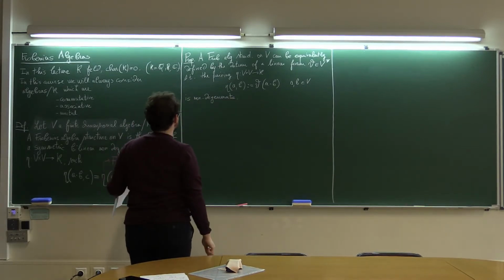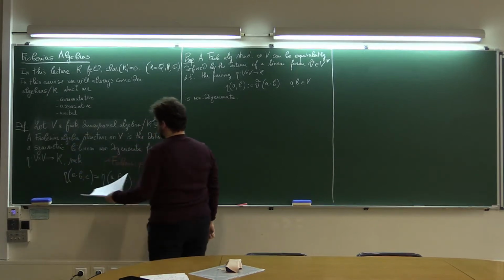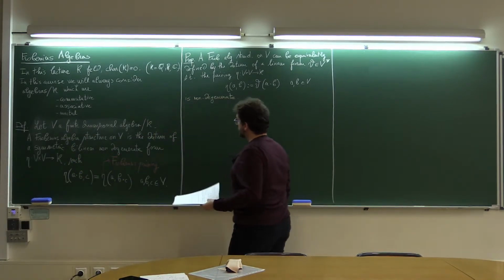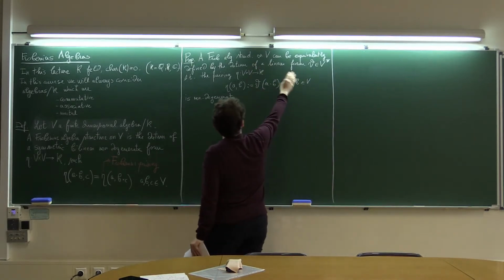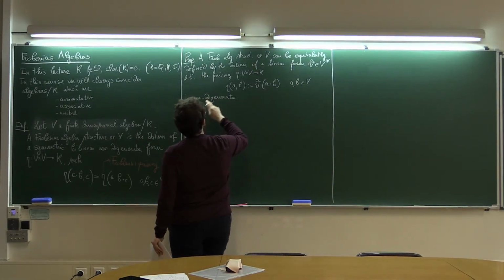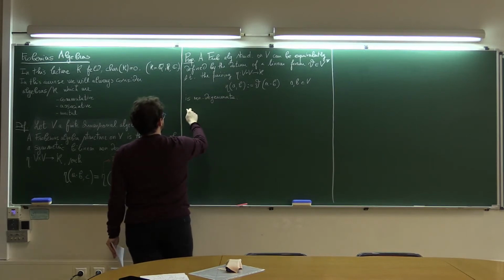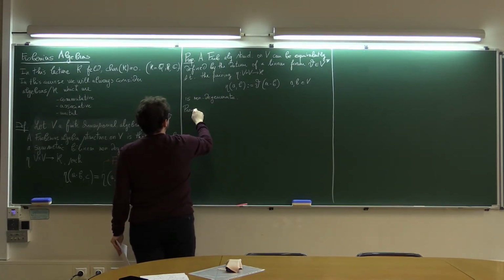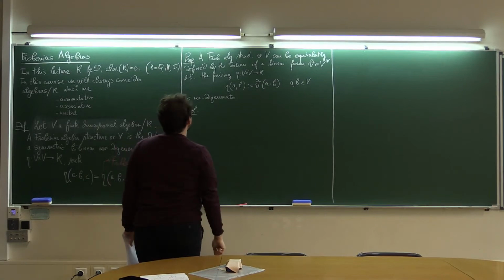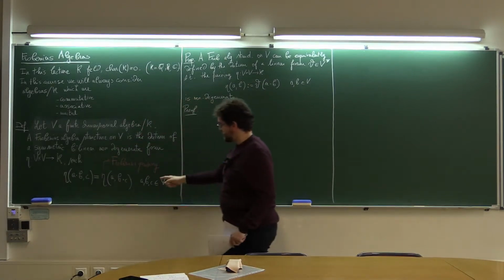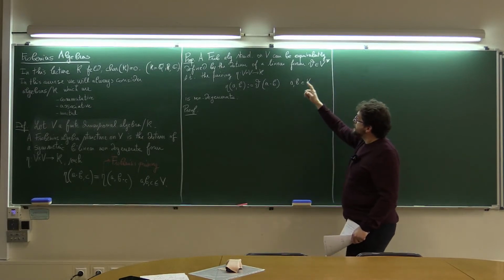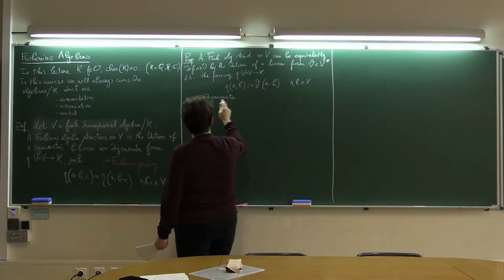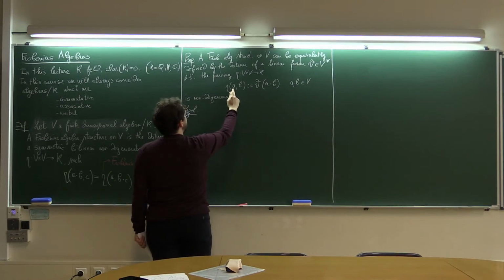So I claim that given a Frobenius algebra according to this definition is the same as to give a linear form theta with the following property. Well, the proof is very simple. If we are given a Frobenius algebra in this sense, we can easily reconstruct theta just by pairing an arbitrary element with the unit of the algebra.